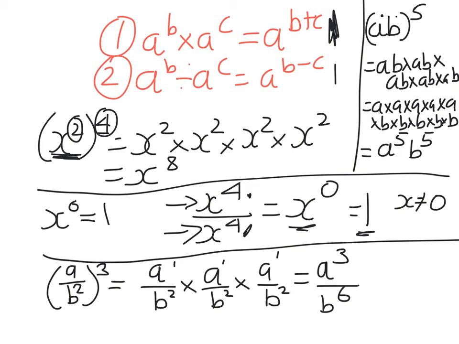So I just wanted to explain why some of the index laws work, because if you are able to get to that stage, and I know not everybody will be, then you'll be able to remember them a lot better and answer the questions a lot more confidently. The last thing I want to say is, with that last index law, it allows us to actually multiply numbers that are not the same base but have the same power.